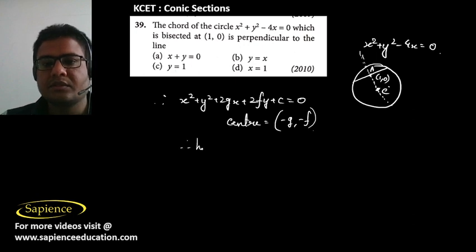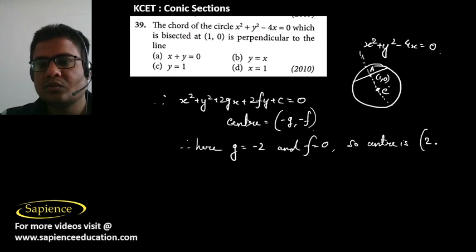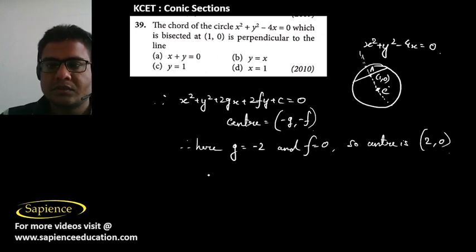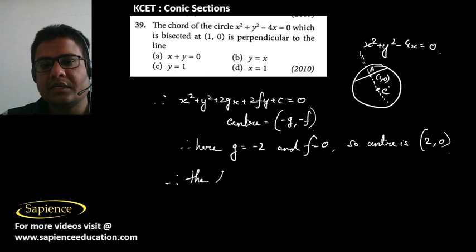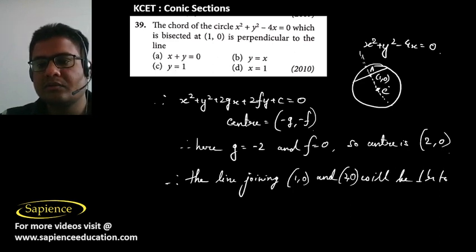Here g is equal to minus 2 and f is equal to 0. So the center is at (2, 0). Therefore the line joining the points (1, 0) and (2, 0) will be perpendicular to the chord.